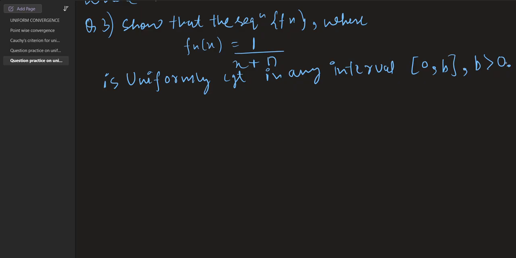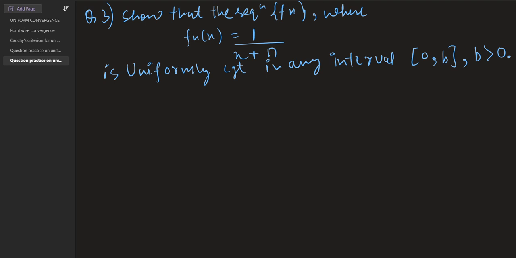Fine. We have to show that this is uniformly convergent. So first we have to prove this is pointwise convergent.